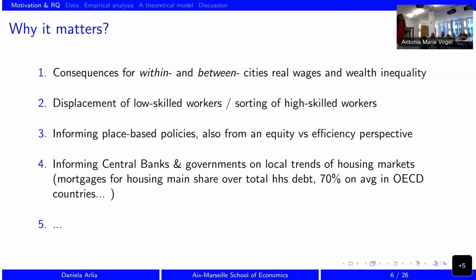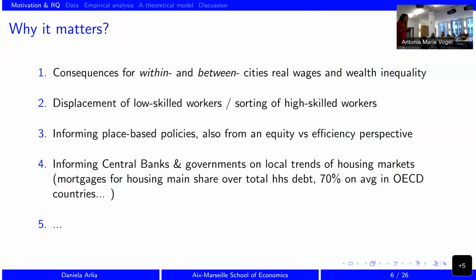It can also inform central banks and governments on local trends of the housing market, because mortgages for housing are the main share of total household debt. It accounts for about 70% on average across OECD countries.